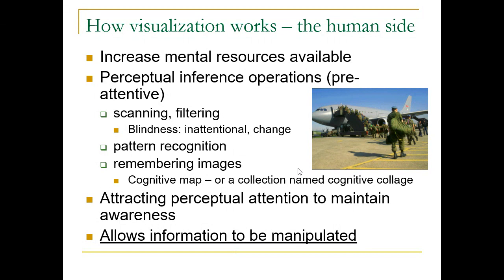I'm just going quickly through this. Two things mentioned in the book are inattentional blindness and change blindness. I think I'll go with change blindness first, and before I go there, I'll get back to it.